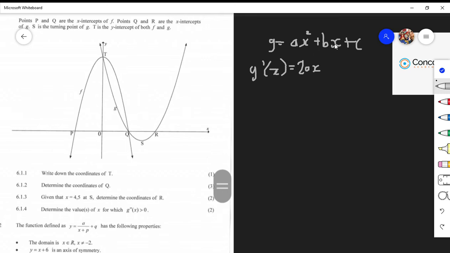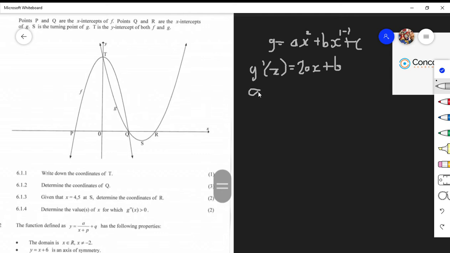Then our second part is the exponent of x, which is 1, so 1 times b, which is b, and then we minus 1 from our exponent, so 1 minus 1 is 0, and x to the power 0 is 1, and 1 times b is still b, and we take c as a constant. So when you derive, a constant always becomes 0.